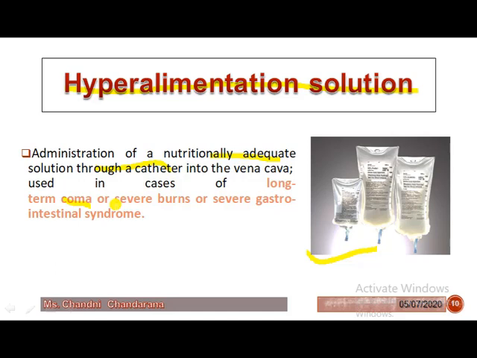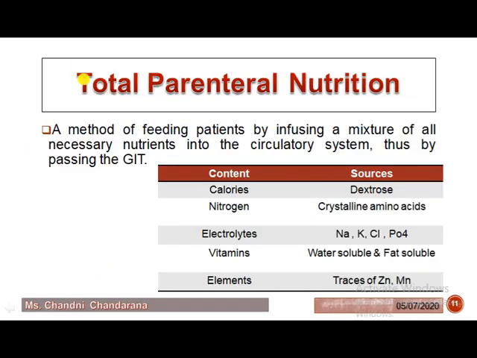For example, coma, severe burns, or severe gastrointestinal syndrome. So this is all about hyperalimentation solutions. Now the next is total parenteral nutrition. What is total parenteral nutrition? When we require all types of nutrition, it is known as total parenteral nutrition.